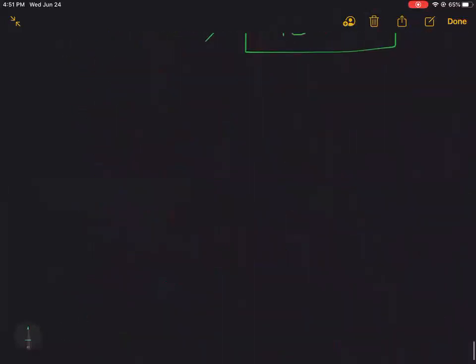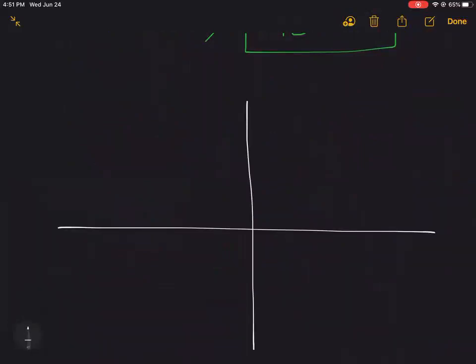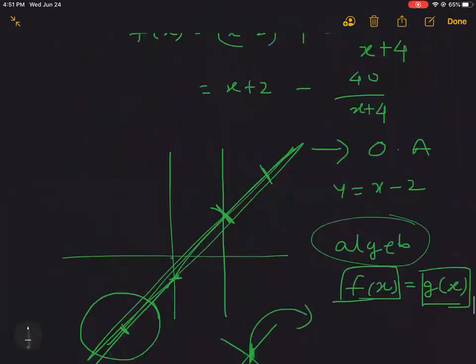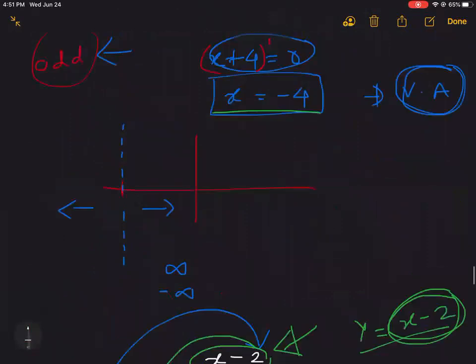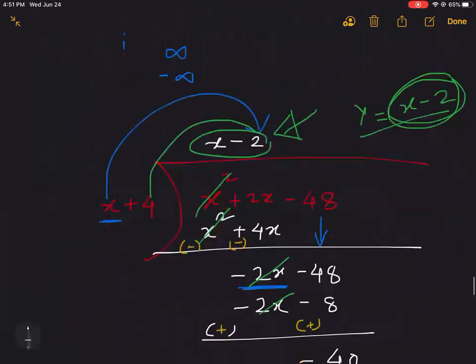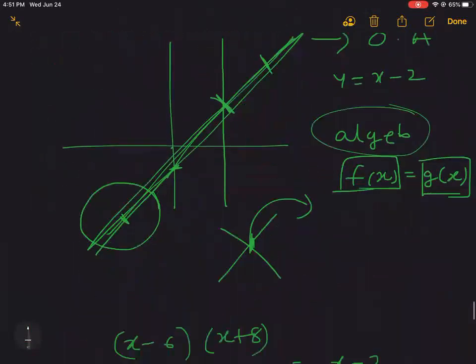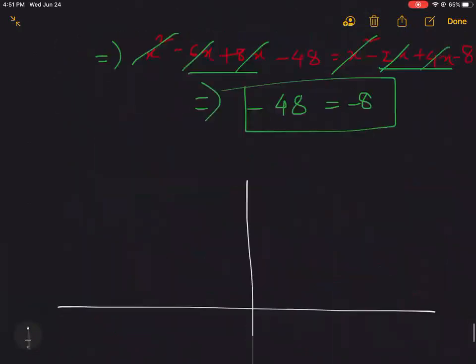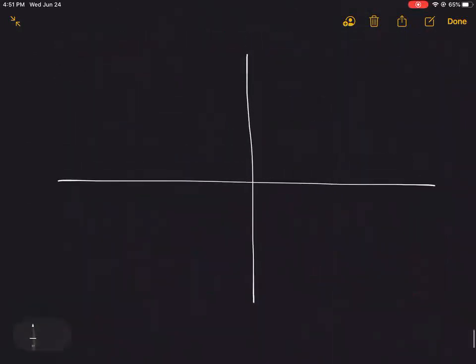So first of all, what was the vertical asymptote again? x equals negative 4. Let's say that's here. So we'll have an asymptote here, okay?